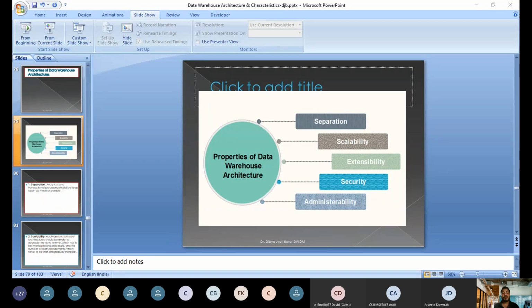You may take a screenshot of this also. I hope that all the terms used in this figure, I have discussed them already, right? Look at this figure carefully and tell me why I am calling it the top-down approach of constructing the data warehouse, right?